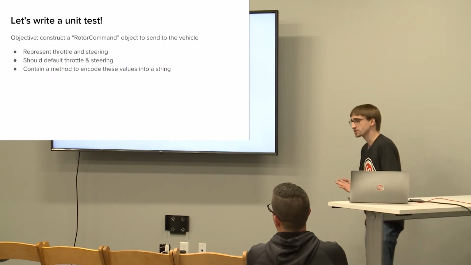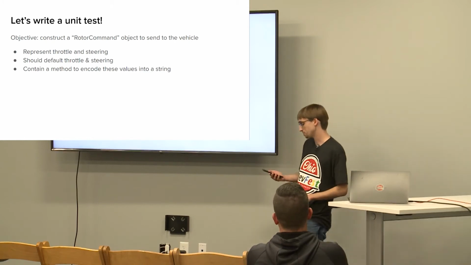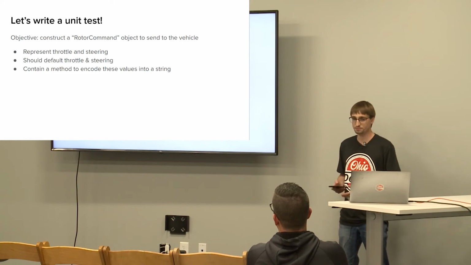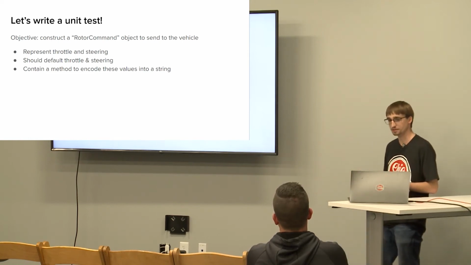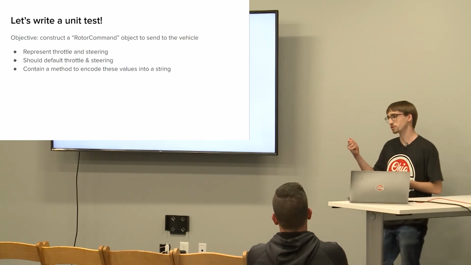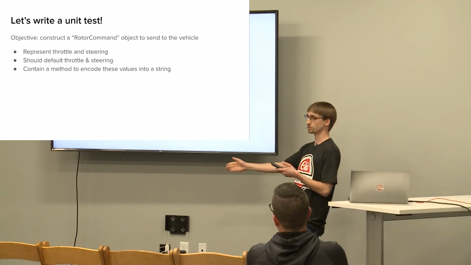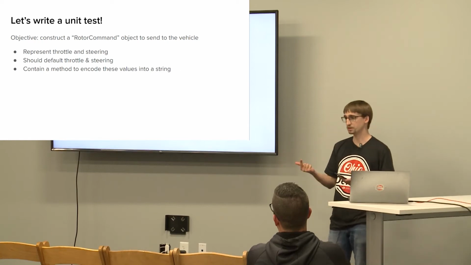OK, so let's set our first objective. When we're using the Rotor app on our phone, we want to be able to send commands to the vehicle. This was from early on in the project. We wanted to be able to manually control the vehicle. So let's make a class called RotorCommand, and it should represent the values that we want to send to the car. In this case, it should represent the throttle and the steering values.